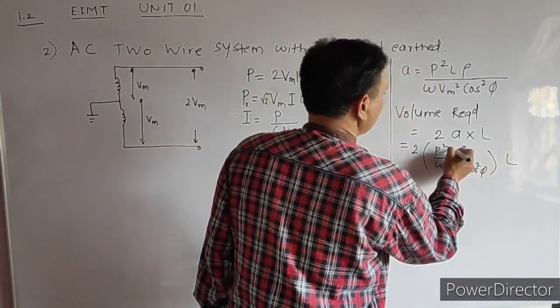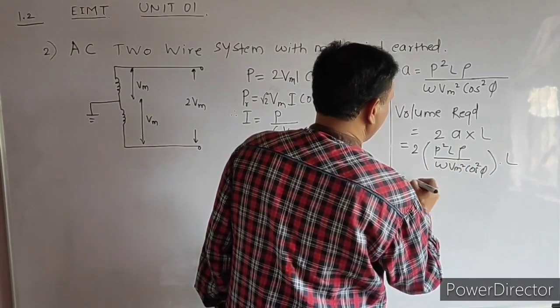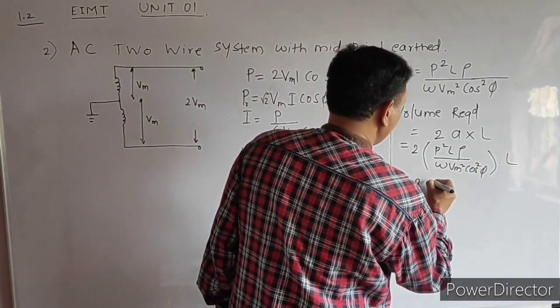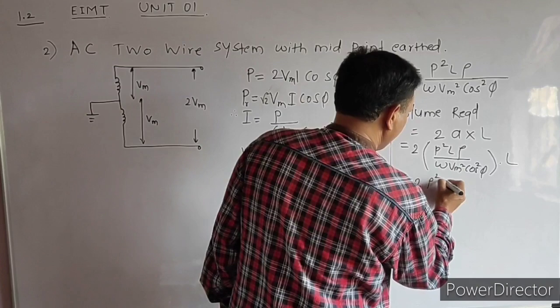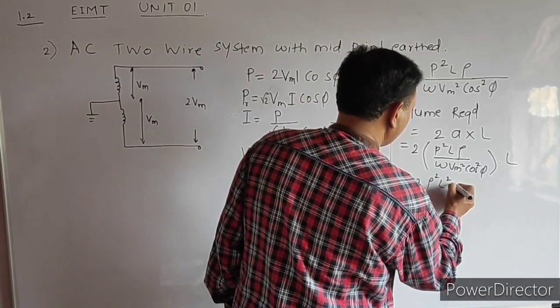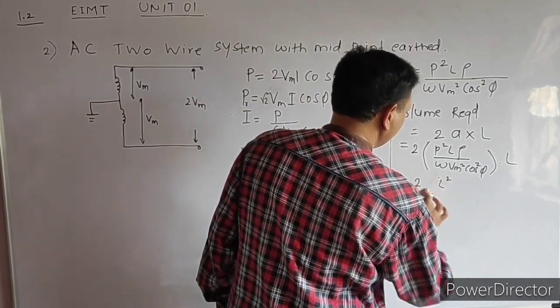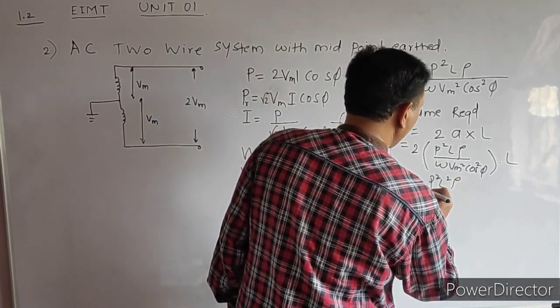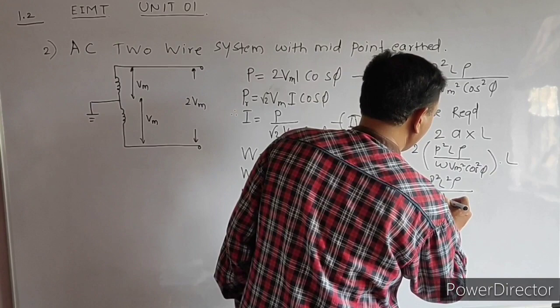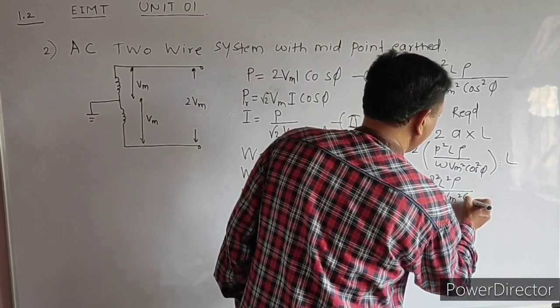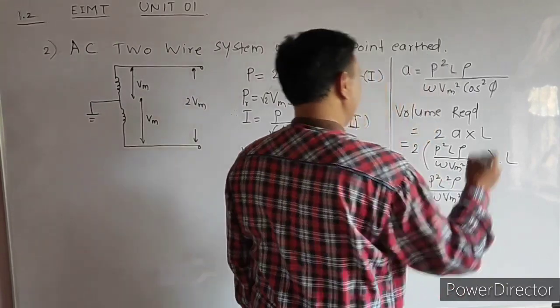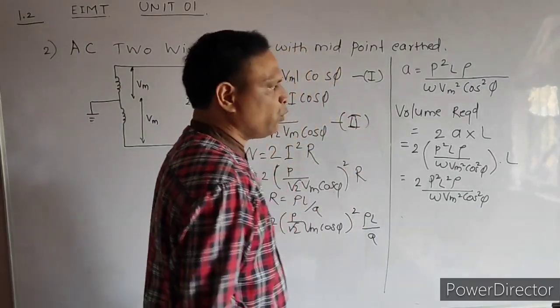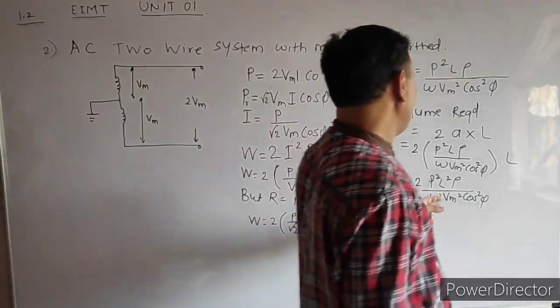Now I will multiply this L with this, so I will get 2 P square L square rho upon W Vm square cos square phi. Right? This is the expression I receive.